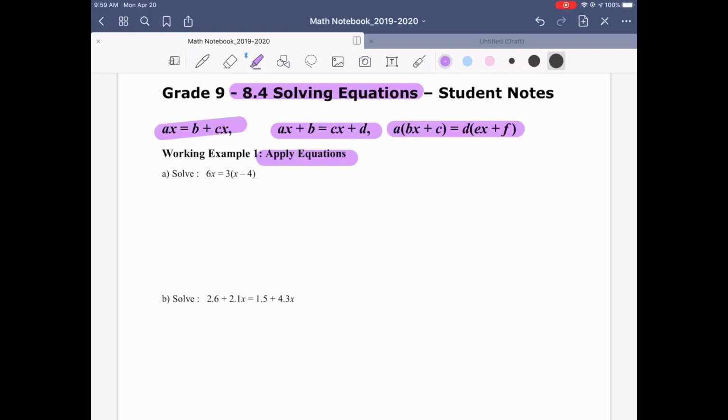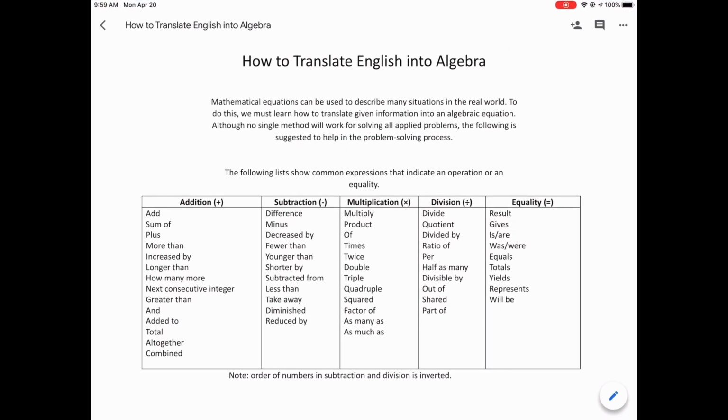But before we do that, I want to bring your attention to something that's posted on Google Classroom that is probably going to help you with this section specifically. It's a document titled "How to Translate Words into Algebra."